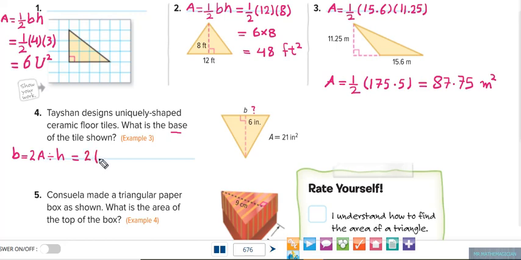So 2 times area is 21, divided by height, which is 6. 2 times 21 is 42, and 42 divided by 6 will give you 7. 7 what? Yes, just inch, because this is a length.